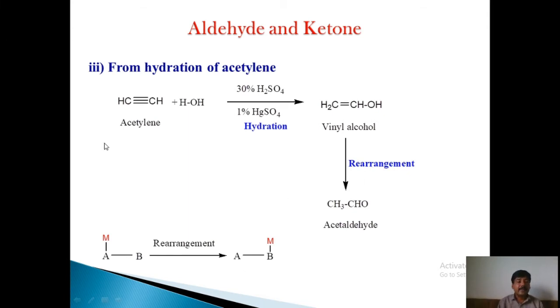So see, when hydration of acetylene is done in presence of 30% sulfuric acid and 1% mercury sulfate, it produces vinyl alcohol as an intermediate, then rearrangement of vinyl alcohol produces our target compound, the aldehyde, acetaldehyde. These are the three methods for the preparation of acetaldehyde.